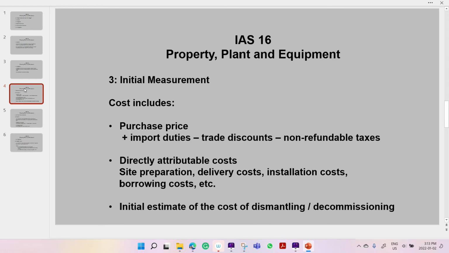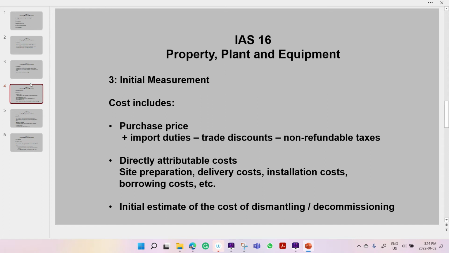So initial measurement, the cost includes purchase price. So that's pretty obvious. But in the purchase price, I come up with a fairly simple equation. Purchase price equals the amount on the invoice plus import duties, less trade discounts, less non-refundable taxes.